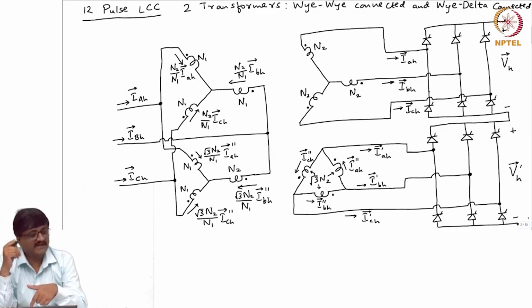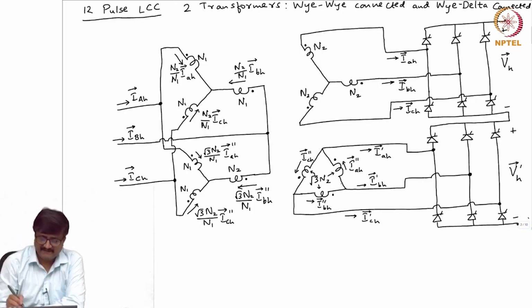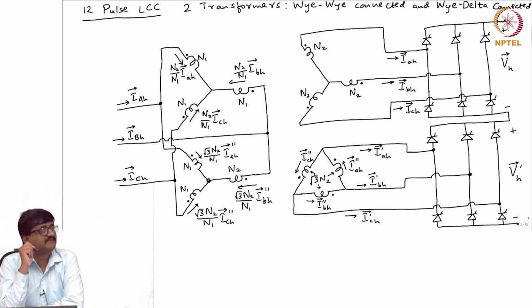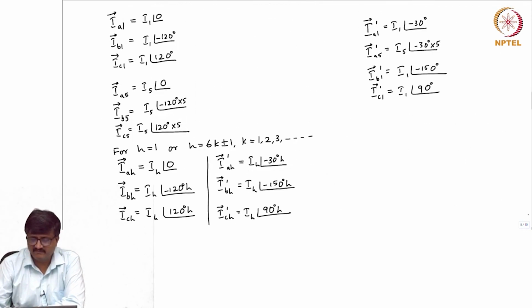That is, the sum of the double prime currents is equal to 0 if you apply KCL to this node. So from this node I get that IAH double prime, IBH double prime and ICH double prime add to 0.